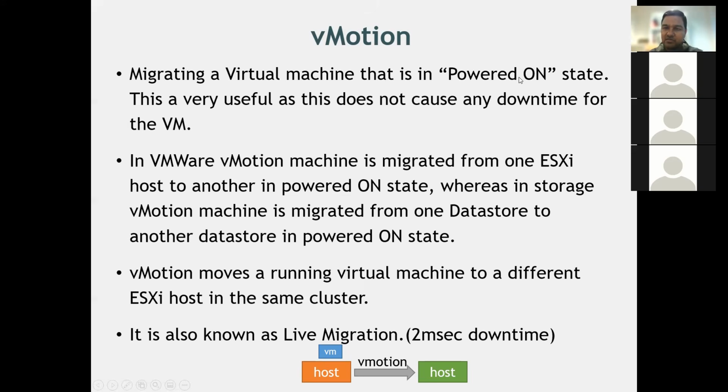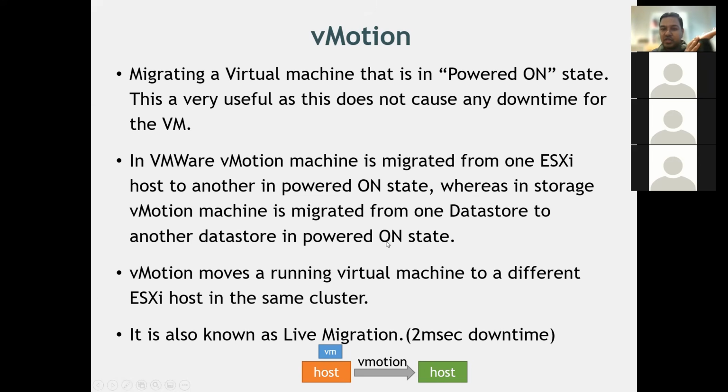That means whatever execution is happening on the VM is not aware that it is getting migrated. In VMware, vMotion migrates from one ESXi host to another in a power on state, whereas storage vMotion migrates from one data store to another data store, both in the power on state.